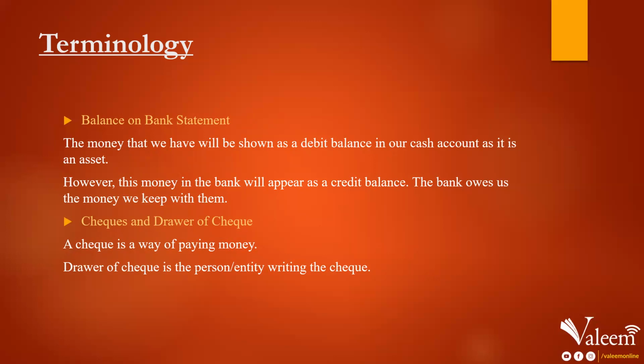No. Because if we think about it technically, the amount of money that we have in our bank account is basically something that is in the bank, but it belongs to us. So technically, the bank owes us this money and we can withdraw it from our bank account at any time. So for them, this amount of cash is a liability, which is why they will always treat it as a credit balance in the bank statement.